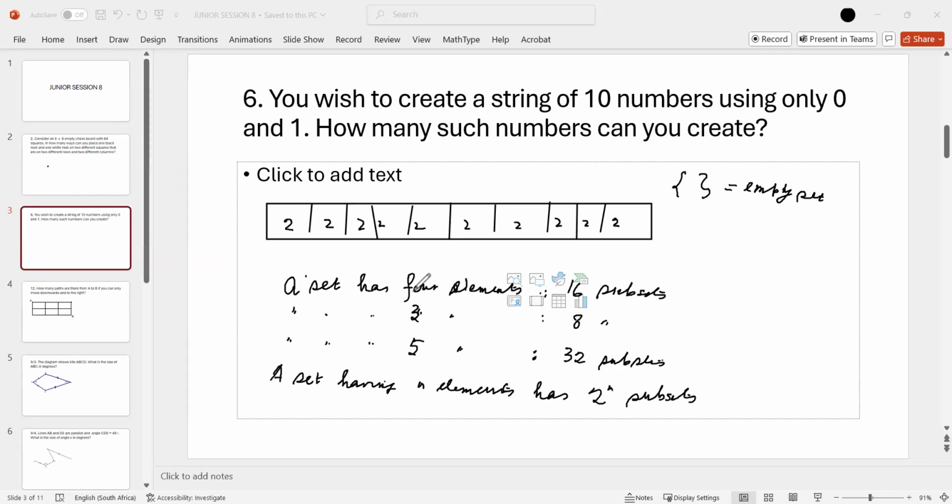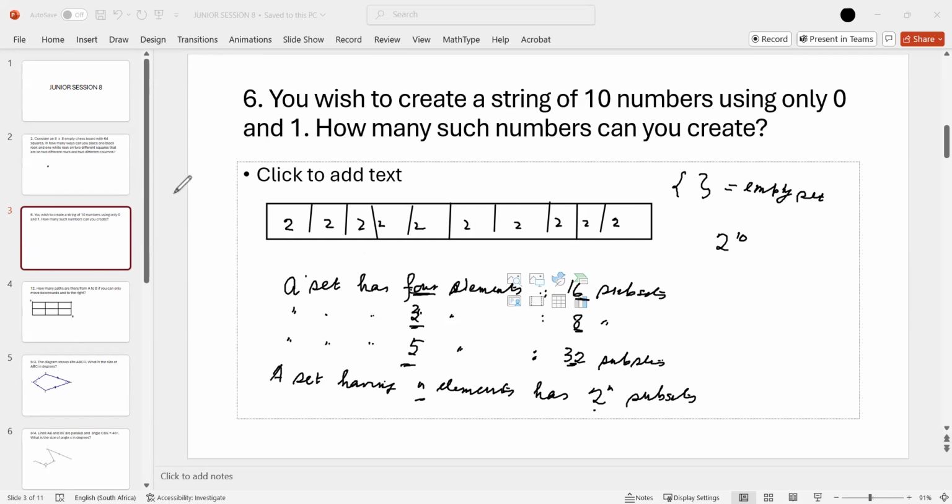So for 4, it's 2 to the power of 4. 3 is 2 to the power of 3. 5 is 2 to the power of 5. And n will be 2 to the power of n. So this number here, we said it was 2 to the power of 10. You've got strings of zeros and ones. The number of such strings you can have is 2 to the power of 10. It's the same as this.